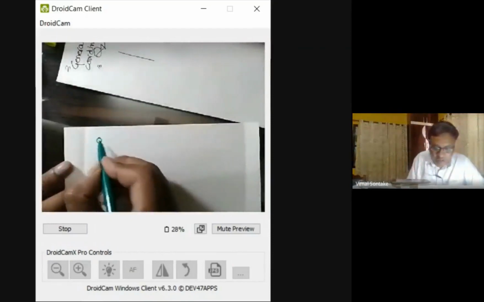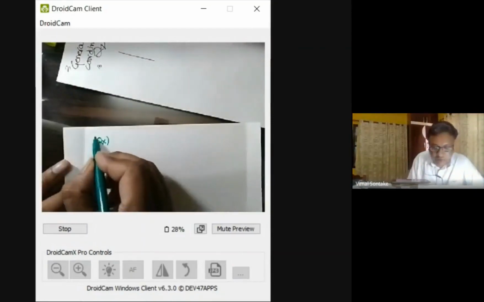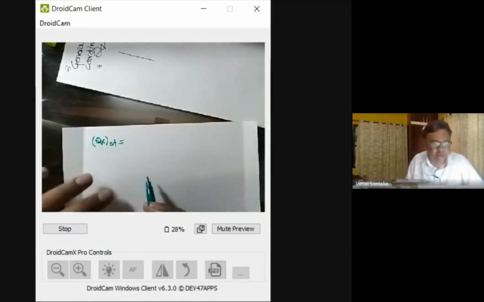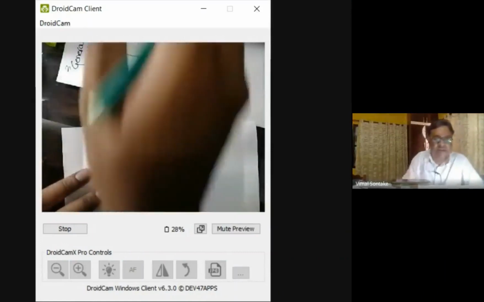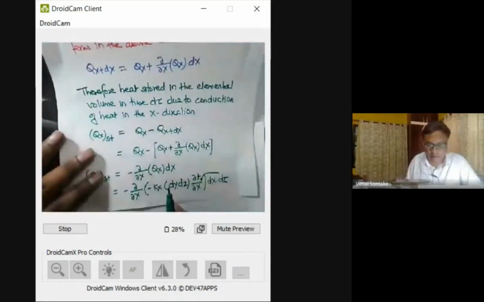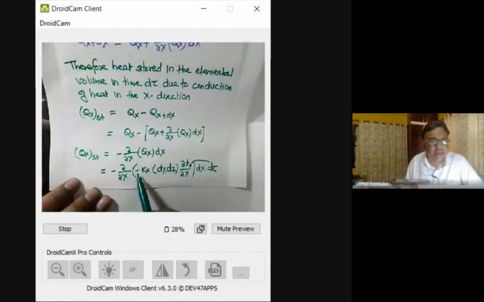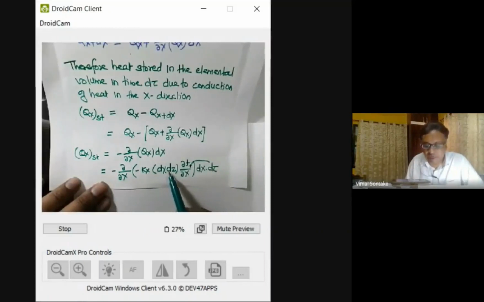So heat stored in the elemental volume due to heat conduction in the x direction can be given as, if you simplify this, the minus minus will cancel out, correct? This kx is the thermal conductivity varying with respect to x, so you cannot take it out. dy and dz are the dimensions of the elemental volume which remain fixed during our analysis, so they are constant.